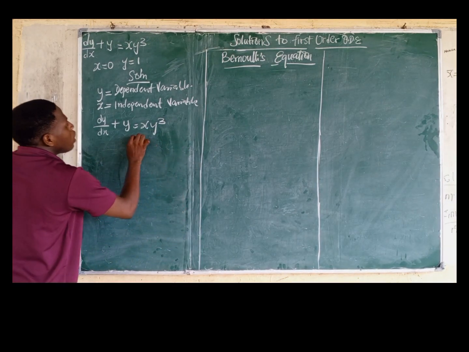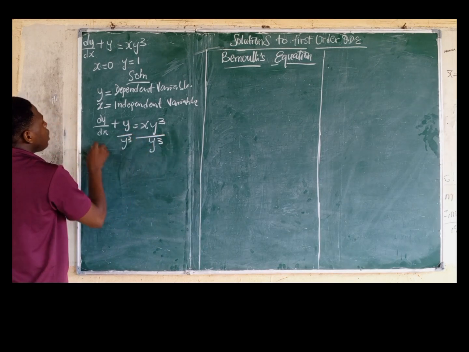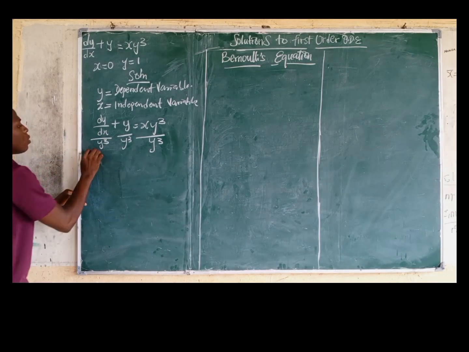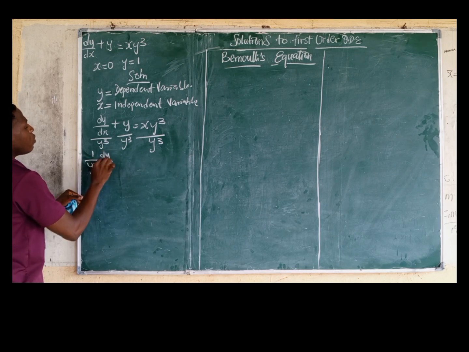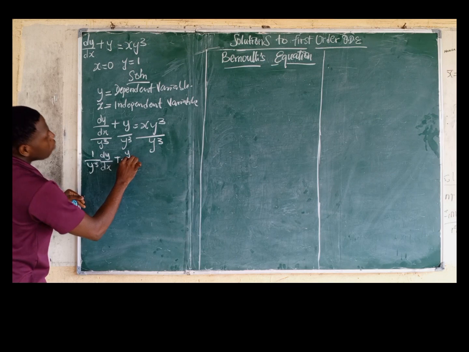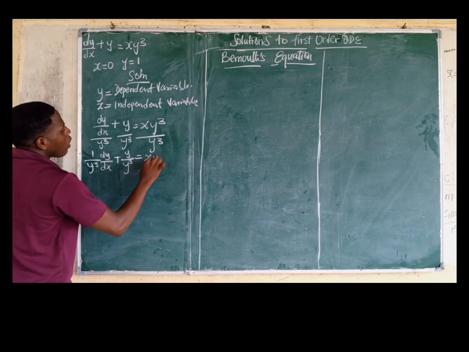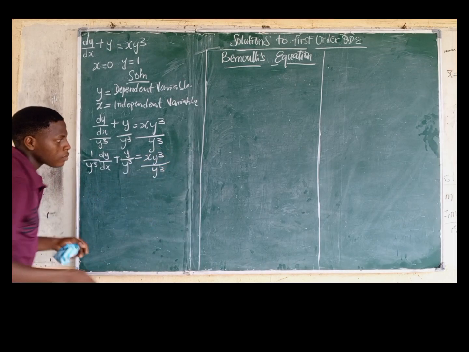So we divide through by y raised to the power of 3. So we arrive at y over y raised to the power of 3 dy over dx plus y over y raised to the power of 3 is equal to x y raised to the power of 3 divided by y raised to the power of 3.